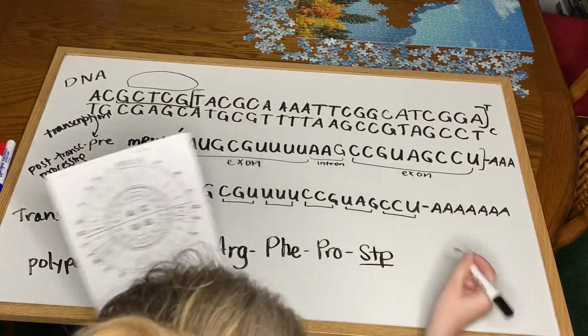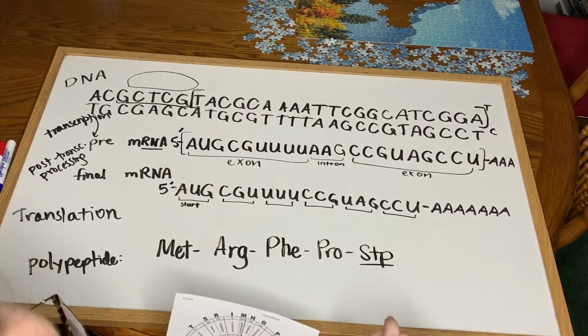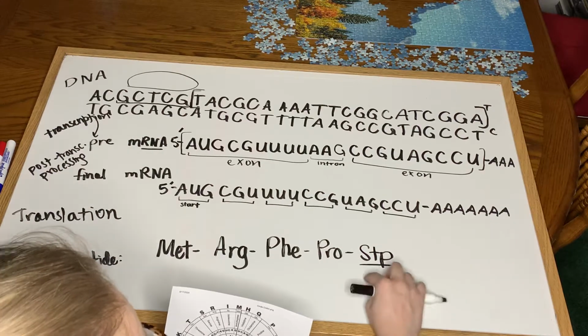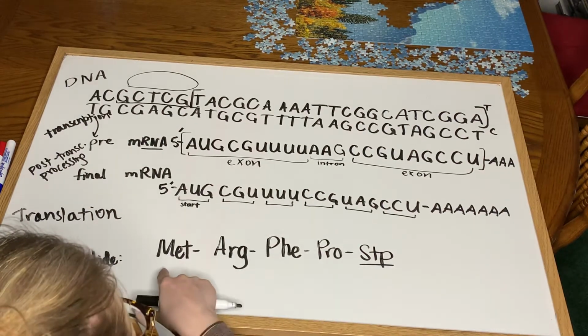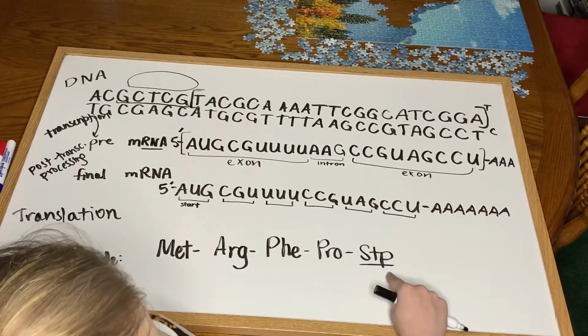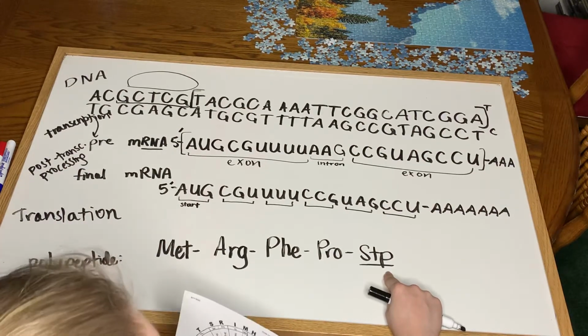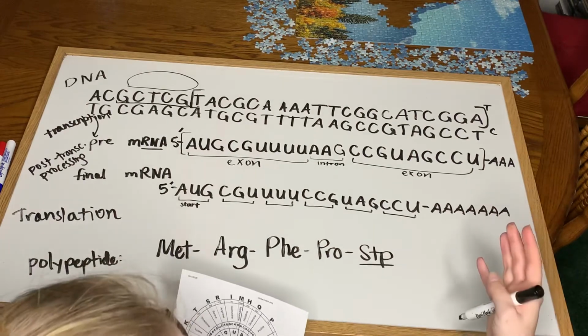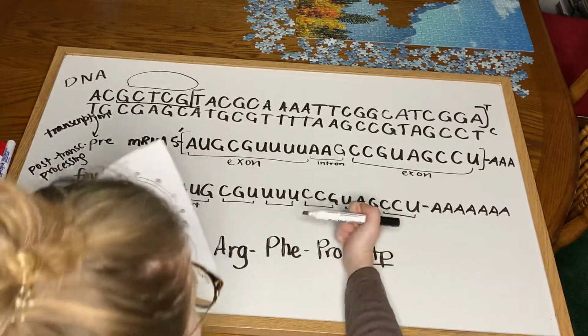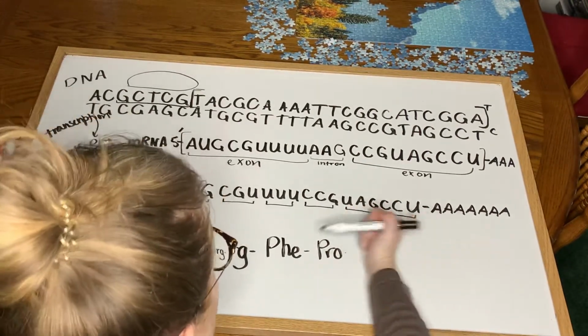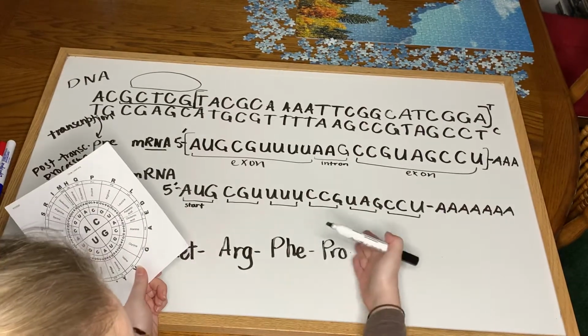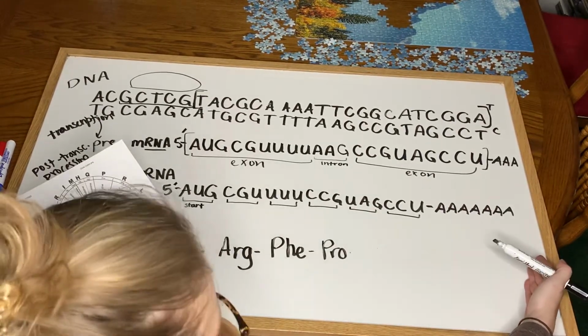Now, some teachers don't like you to write this because this is misleading. If this was a string of amino acids, this kind of makes it look like there's another amino acid here. But there's no such thing as "stopamine," right? This is not an amino acid. This is the polypeptide. It stopped here. There's no more amino acids after that.